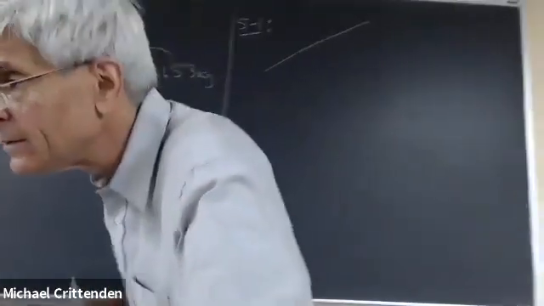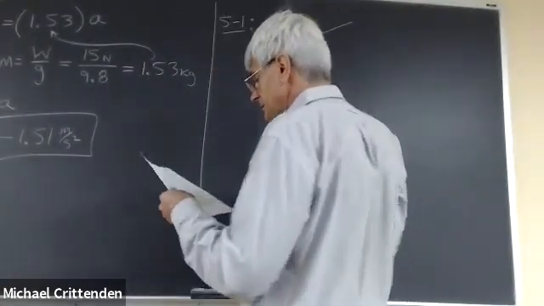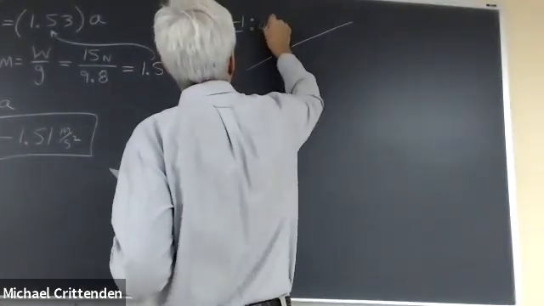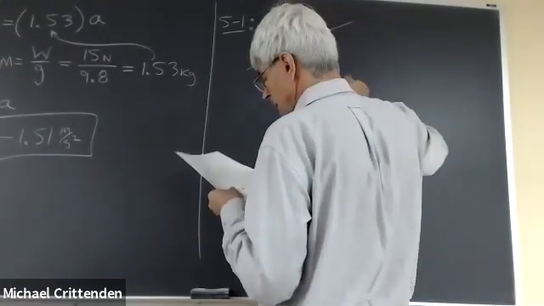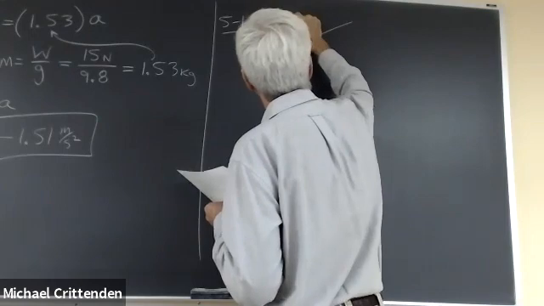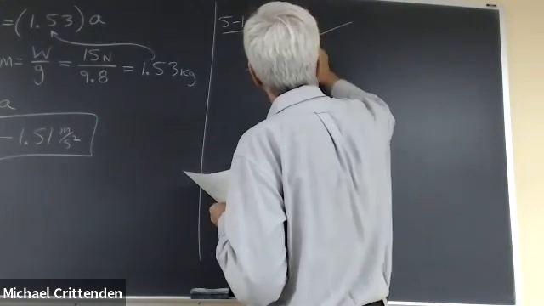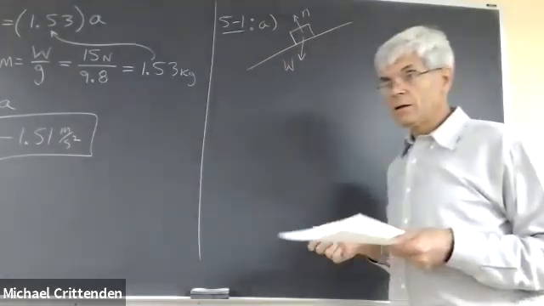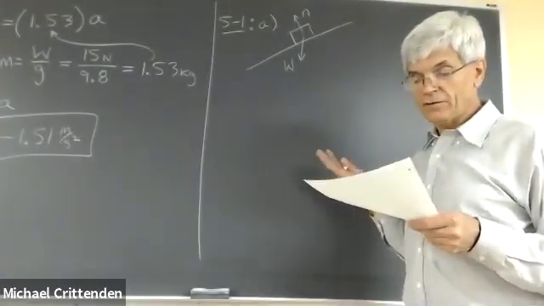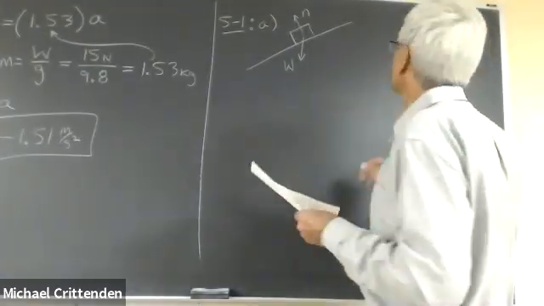So to draw that out, part A, box on a ramp, normal force, weight. It says it's frictionless. Those are the only 2 forces.